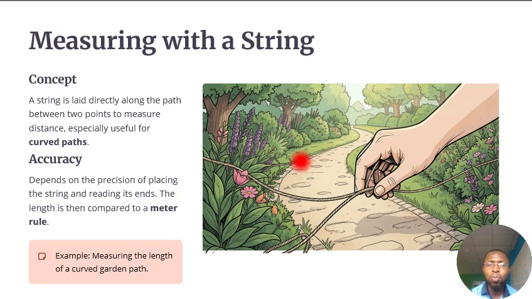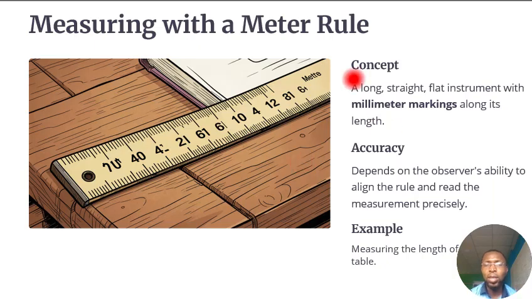The next instrument that we can use to measure distance is called the meter rule. The meter rule extends from 0 to 100 centimeters, just like your ruler. The rulers we use, we had one of 10 centimeters in length, one of 15 centimeters, even one of 30 centimeters. But we call it a meter rule when the length is up to 100 centimeters.